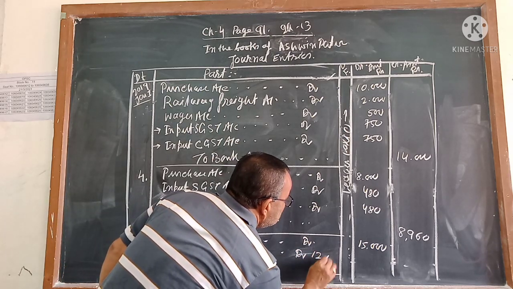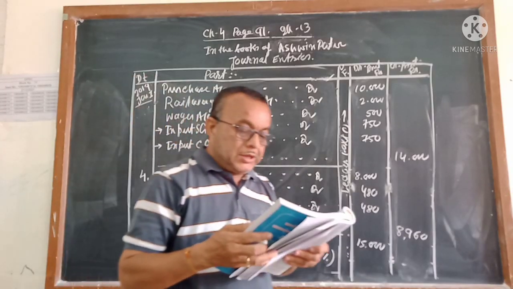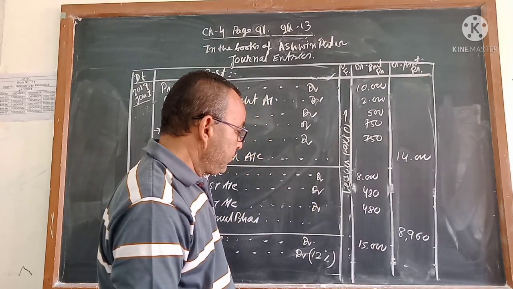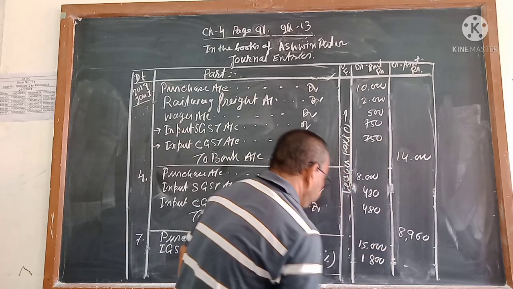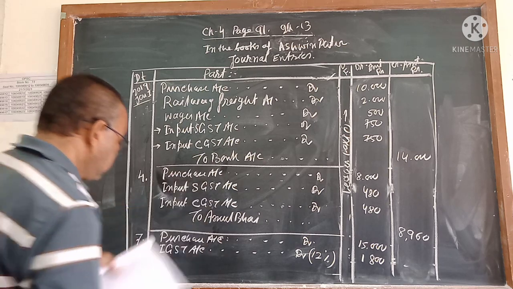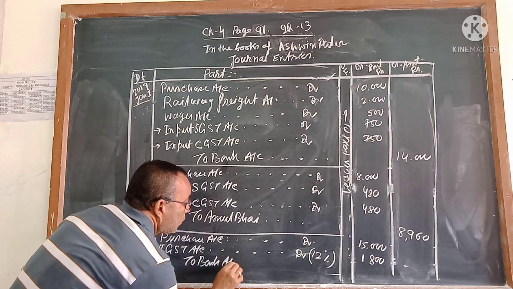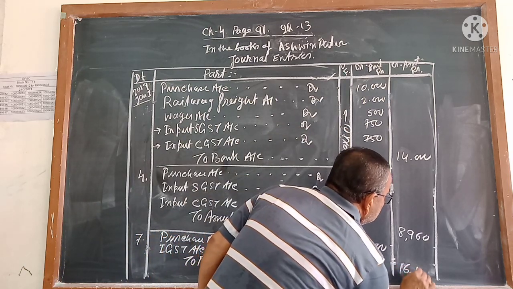How much percentage? 12%. See in your book it is given. The IGST will be 12%. 12% means 10% of 15,000 is 1,500, and 12% will come 1,800, I think so. And this amount you paid by check to bank account. How much? 16,800.